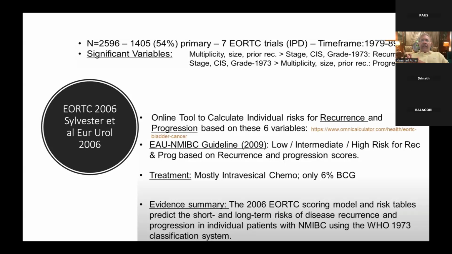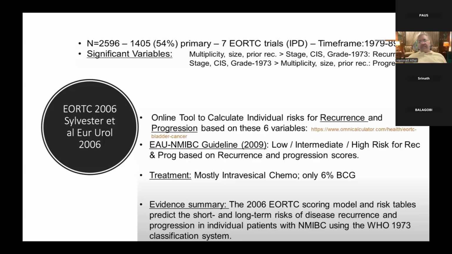The EAU non-muscle invasive bladder cancer guidelines 2009 risk stratified the patients into low, intermediate, and high risk for both recurrence and progression. Now, we know that at that time BCG was not that easily available and used. So a very small proportion of patients were treated with BCG, and the majority were treated by intravesical chemotherapy.